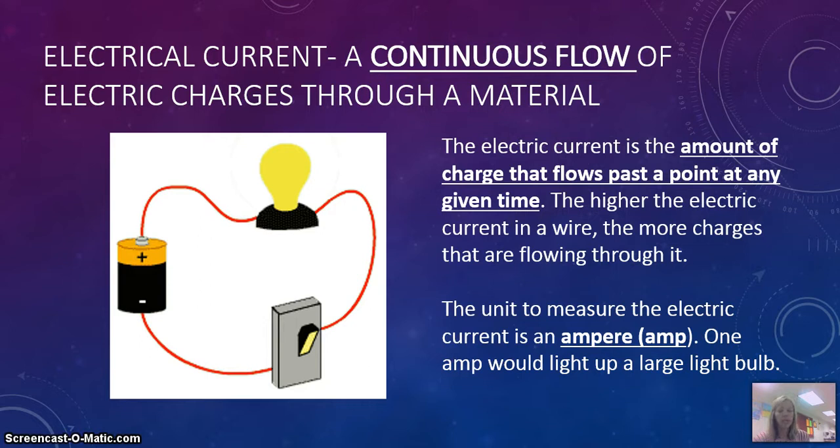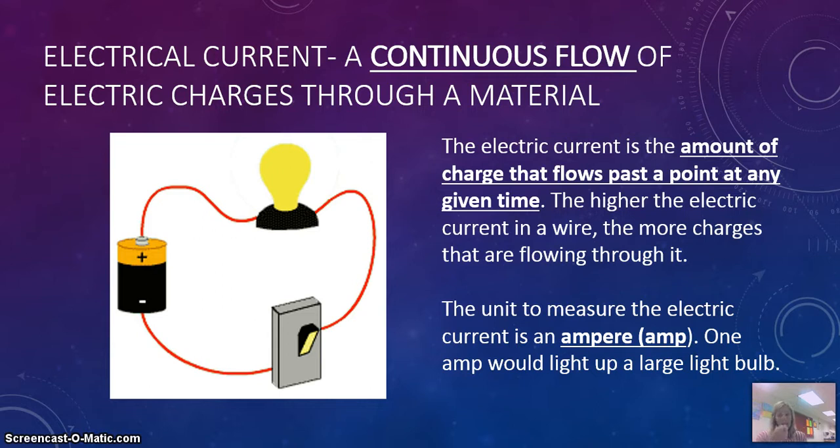Some other little facts that you might need to know is that the higher the electrical current in a wire, the more charges are flowing through it. So what does that really mean? You have a wire and you have a complete circuit like shown on the diagram here. We have a power source, a wire, a bulb, and a switch.